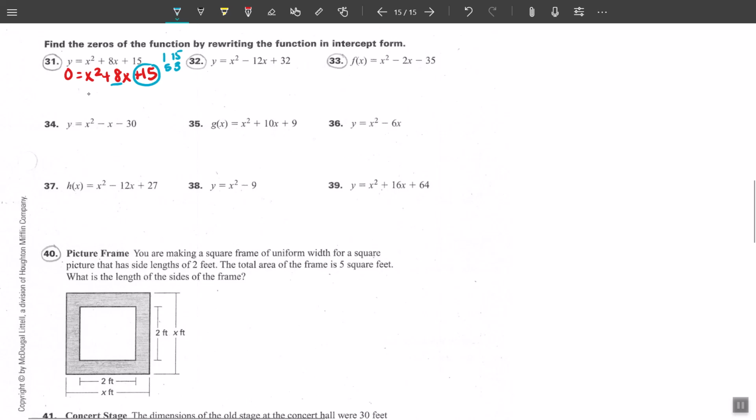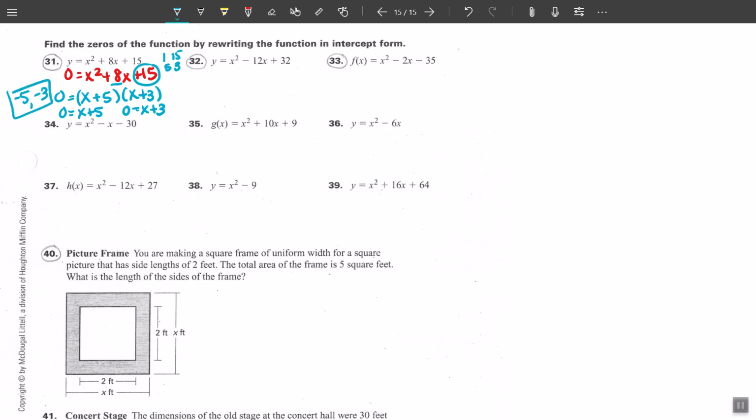So we're going to split that x apart. We need them both to be positive. This is equal to 0. So if the whole thing is equal to 0, then we can break those binomials apart and set each of them equal to 0. And we will get x's of negative 5 and negative 3.